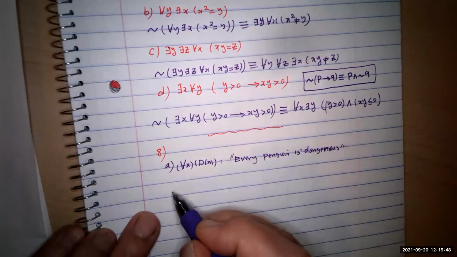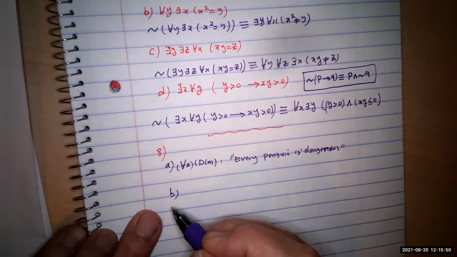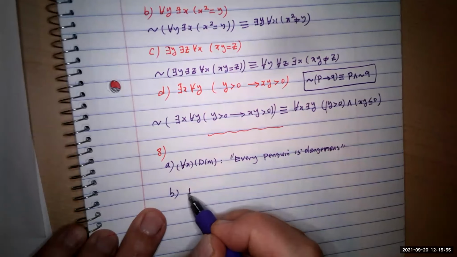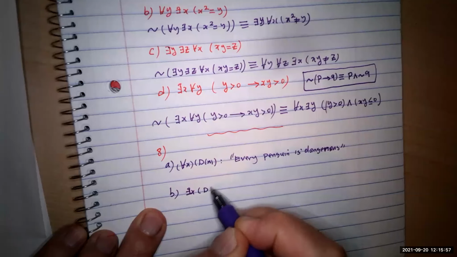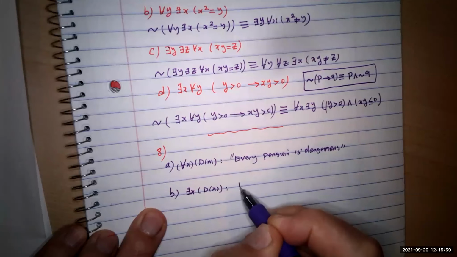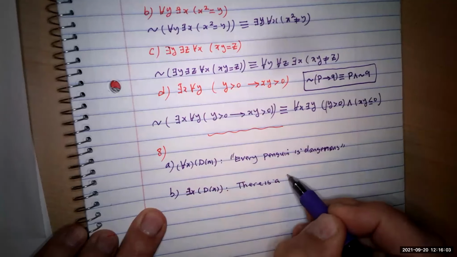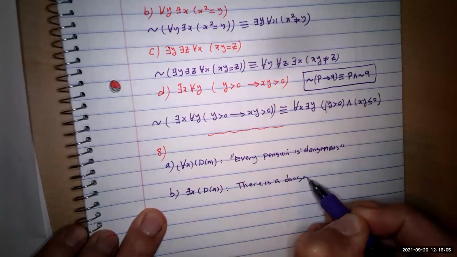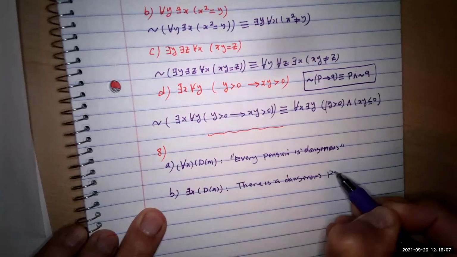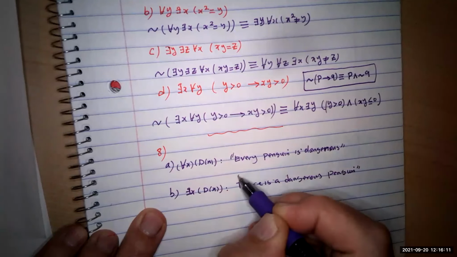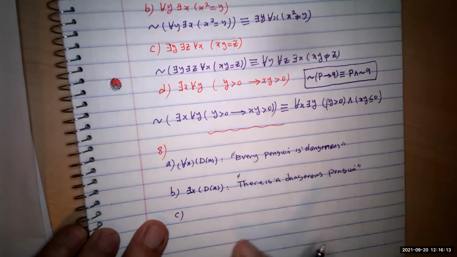The second one is clear: there exists x, Px. There is a dangerous penguin. Okay, that's one. The tricky one was this one.